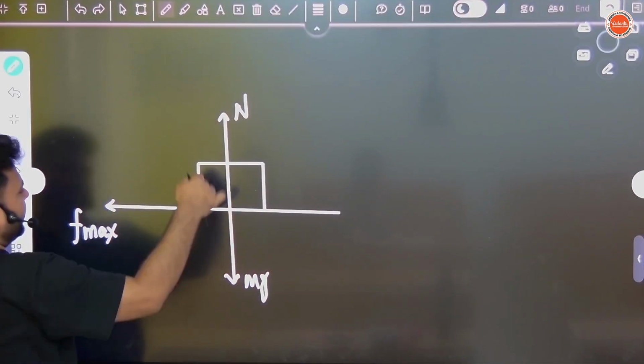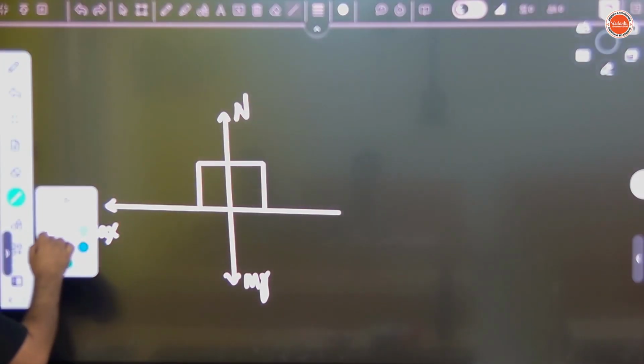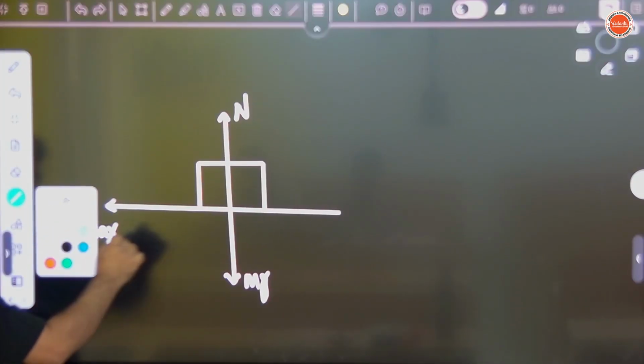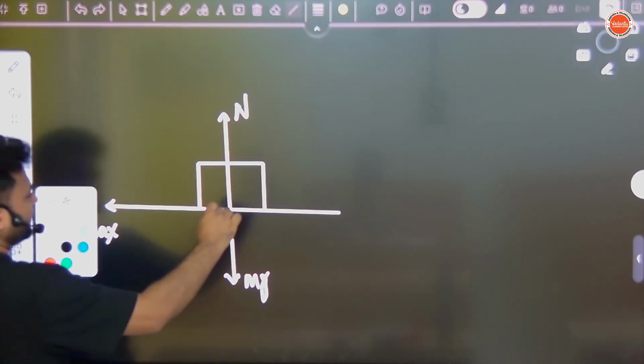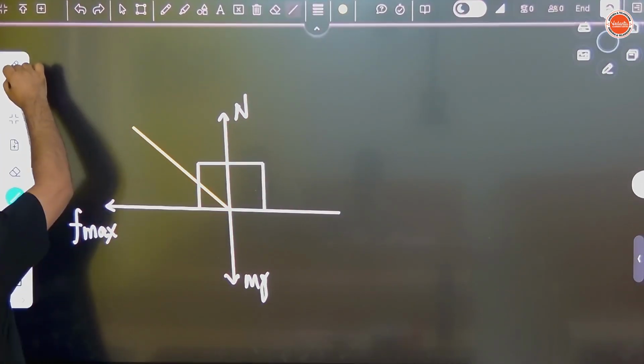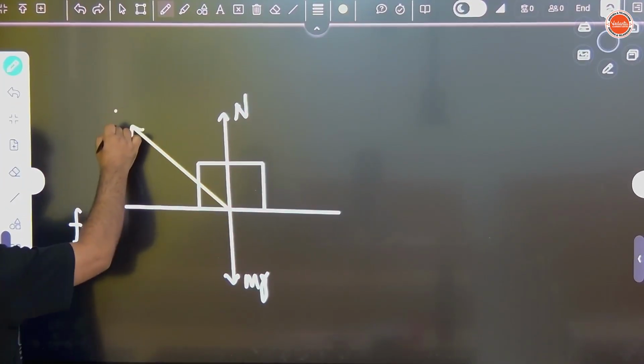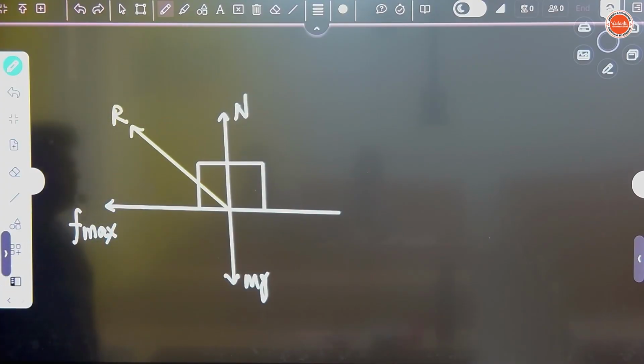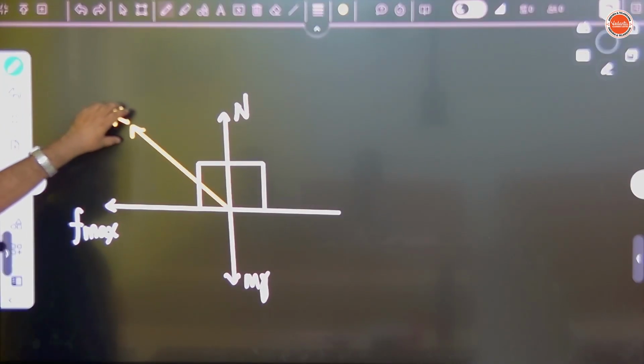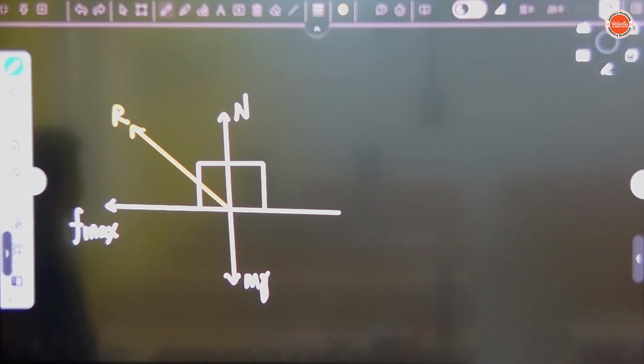See, this normal reaction and this friction max, resultant we call R. R is the resultant of normal and friction maximum.